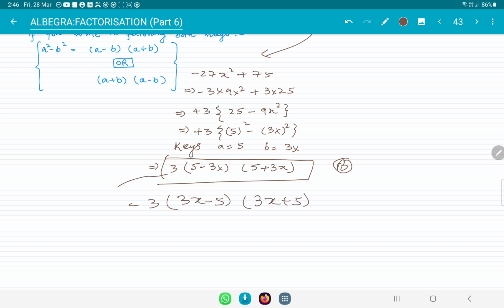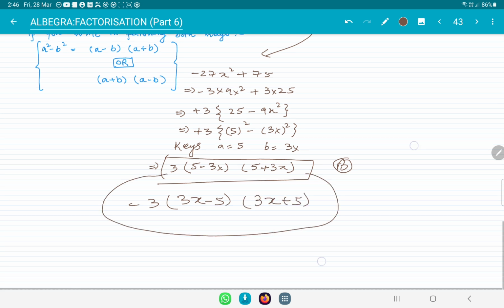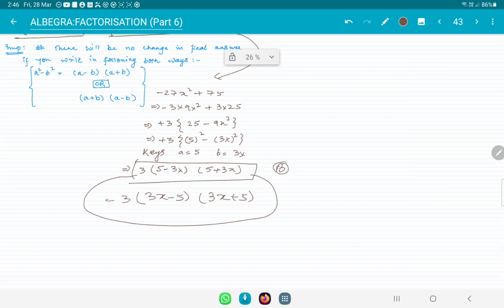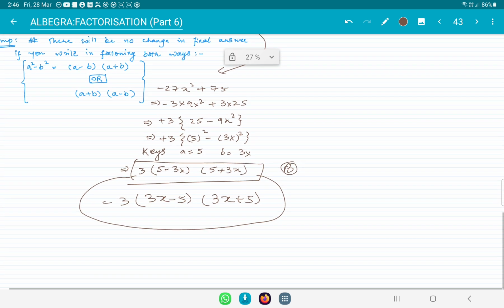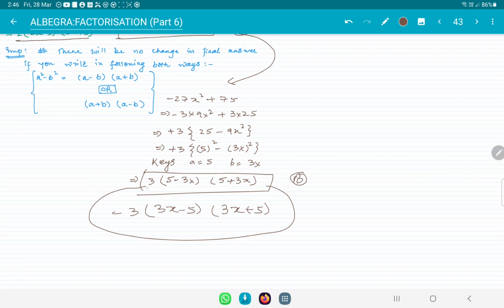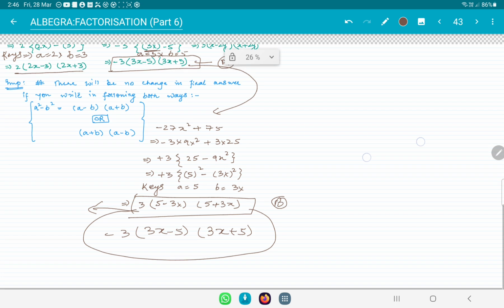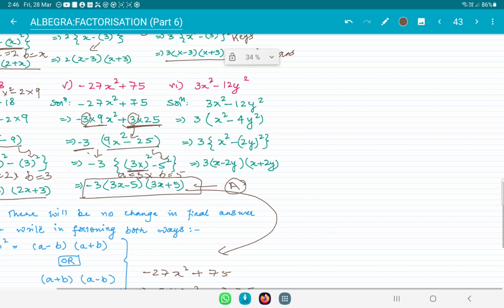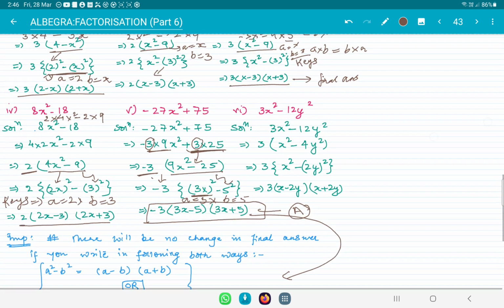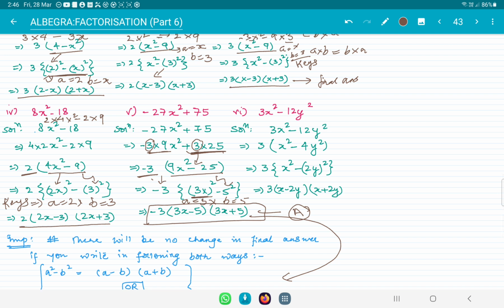So now my question is whether these two answers are equal. So yes, you can see these are equal. When we take common from this, if we take minus common, both answers will become the same. Okay, so just be careful when you are taking a minus sign as a common factor from the bracket.